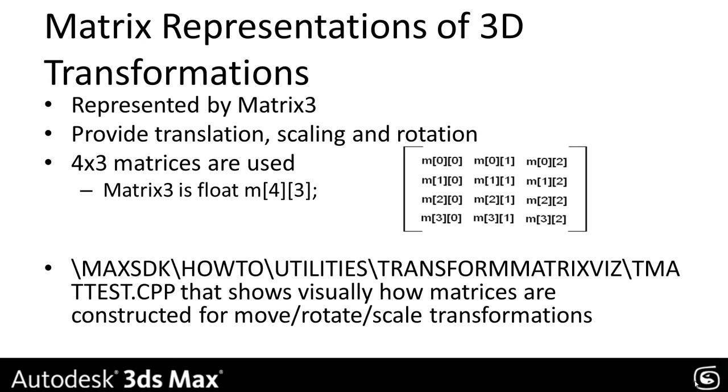It's just an array. Right at the beginning here, I'd like to point out there's a really good sample in the Max SDK, which I'm going to run later today. It's called Transform Matrix Visualizer, and it shows how the different transformations affect an object.